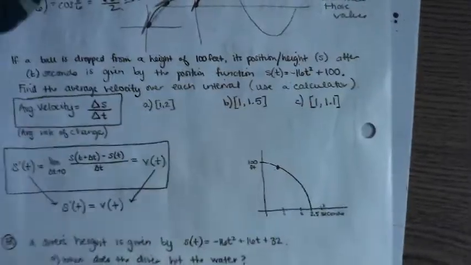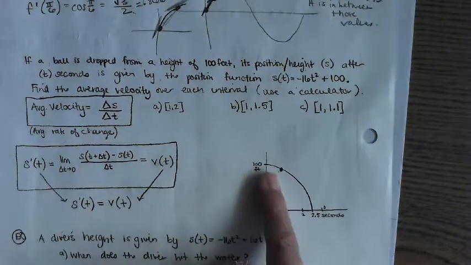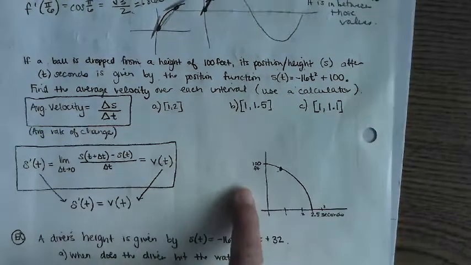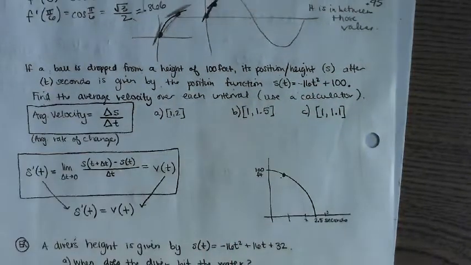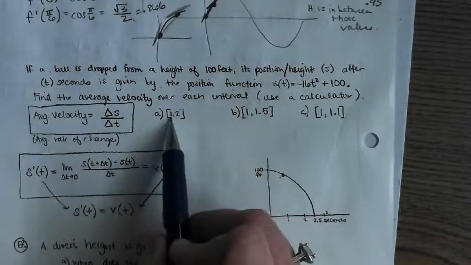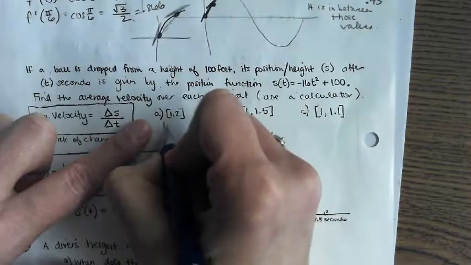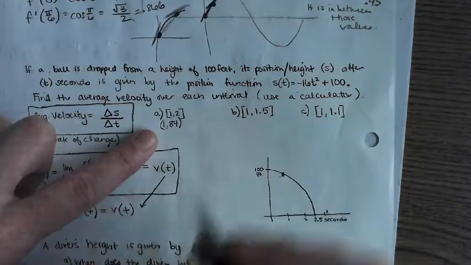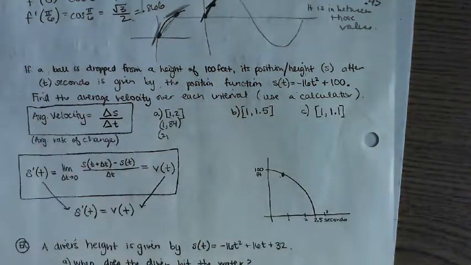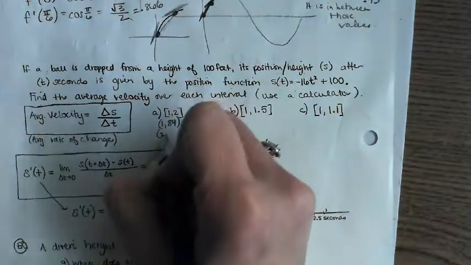All right, the last one. If a ball is dropped from a height of 100 feet, here's my graph. Its position height function after t seconds is given by that equation. Find the average velocity over each interval. Use the calculator. So your average velocity is essentially your average rate of change. So from 1, which is the point 1 comma 84, and then at 2 seconds it's got a height of 36, right?